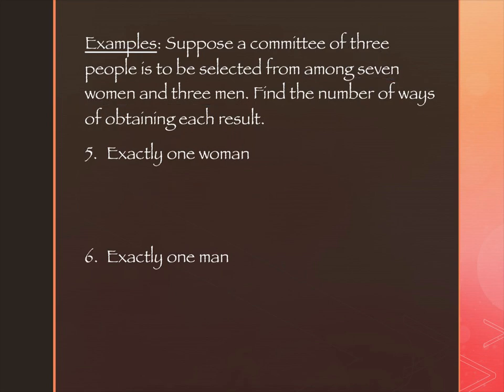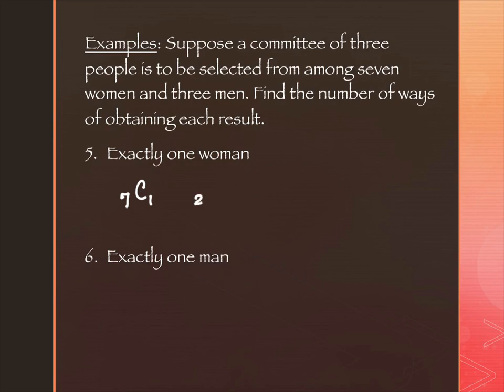What are you going to do when it says exactly 1 woman? 7C1. Okay, so 7C1 puts 1 woman on the committee. Have I created the whole committee, though? No, that's just 1 person on my committee. This is like having my four jacks in my hand, and I need 1 more card. So I've got 1 person on the committee. I need 2 more people. But the only other category is men, so I have to choose from the men that I have.